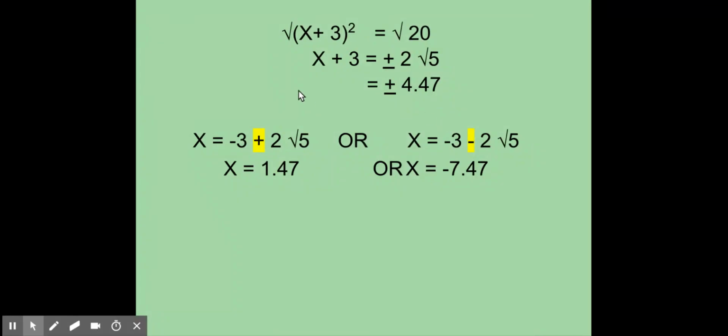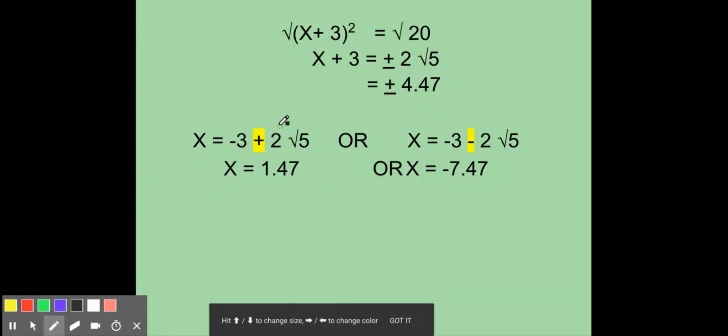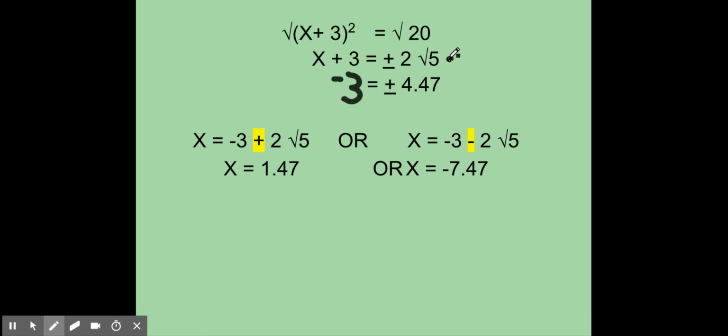So you're backing up to right here, and you're just taking minus 3 from each side. That's where that comes in. So you're left with x equals negative 3 plus 2 radical 5, or negative 3 minus 2 radical 5.